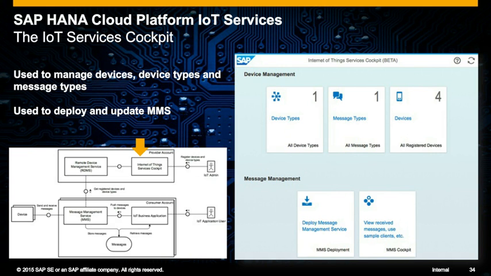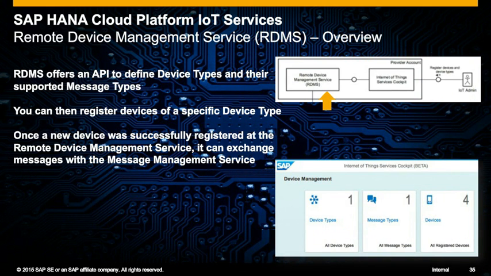And the remote device management helps you to register these devices, and once a device is registered, it can start sending all the data to the HANA Cloud Platform in a secure and authorized way.